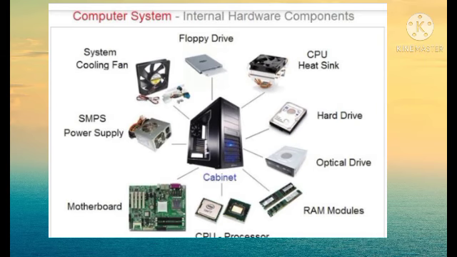It consists of a cooling system, fan, floppy drive, CPU, that is central processing unit, hard disk, optical drive, RAM modules, motherboard, SMPS, that is switch mode power supply. So different types of electronic components are used in computer hardware.